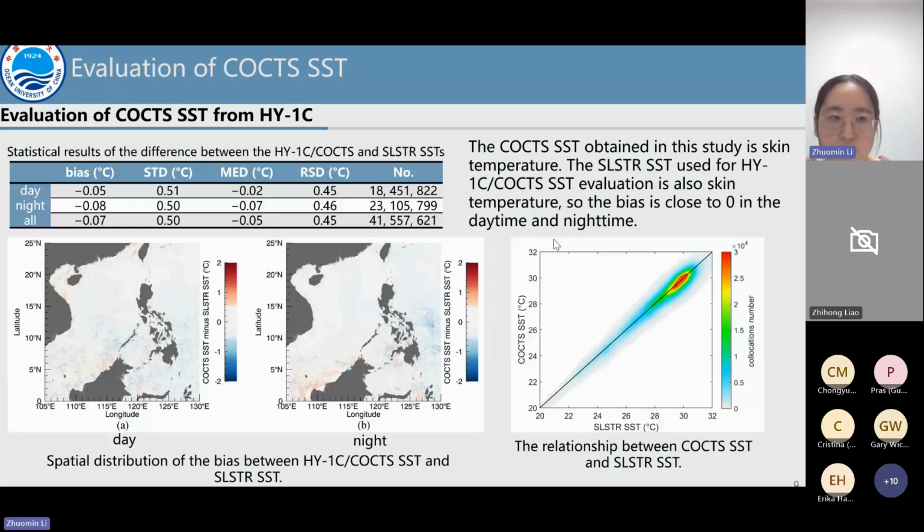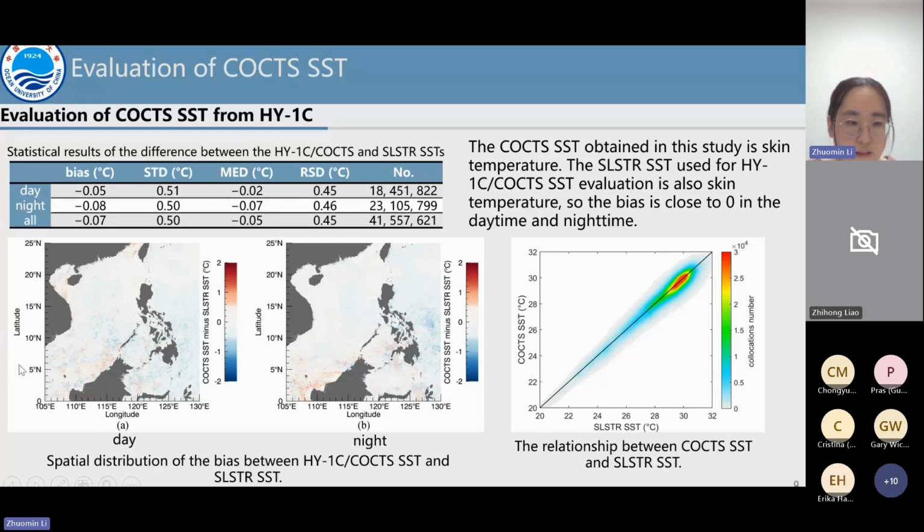And these are the results of evaluation of COCTS SST from HY-1C. The bias between HY-1C COCTS SST and SLSTR SST is minus 0.07 degrees, and the standard deviation is 0.5 degrees. And the left two figures show the spatial distribution of the bias between HY-1C COCTS SST and SLSTR SST.